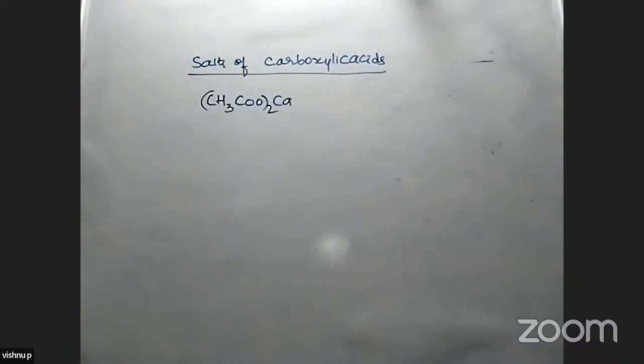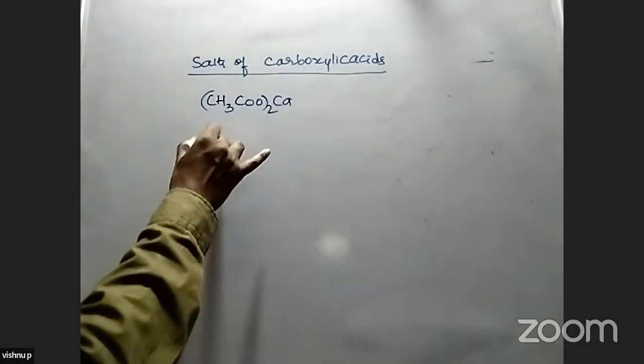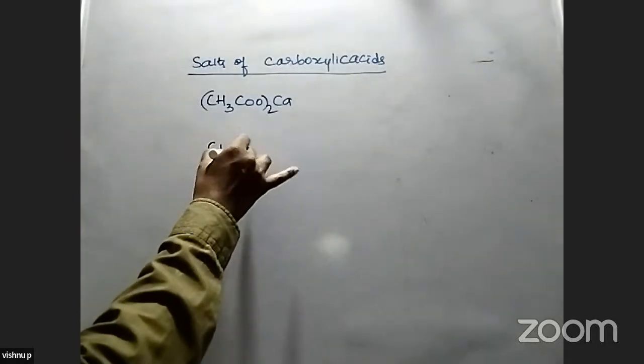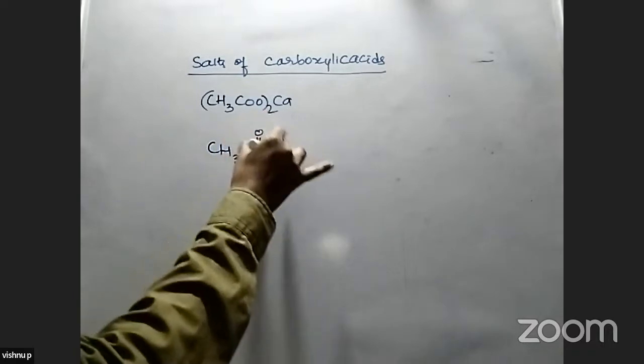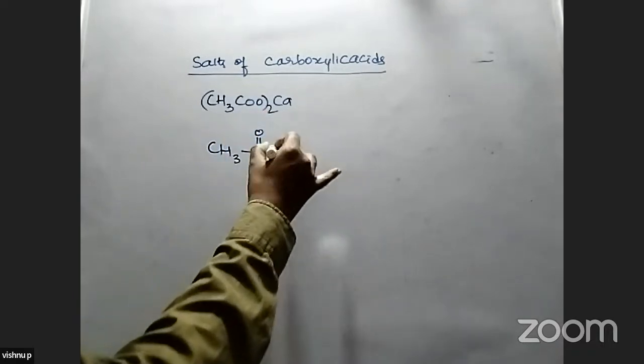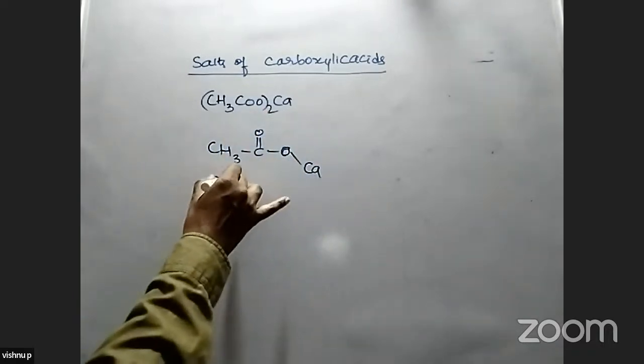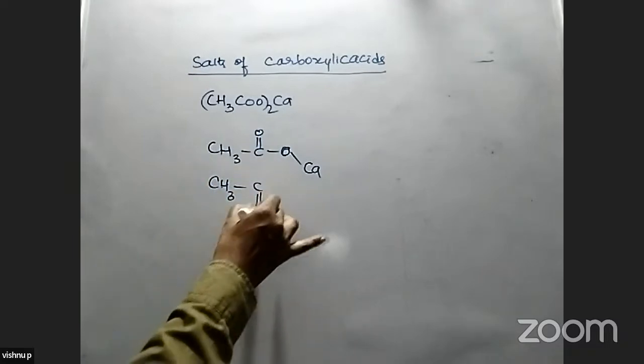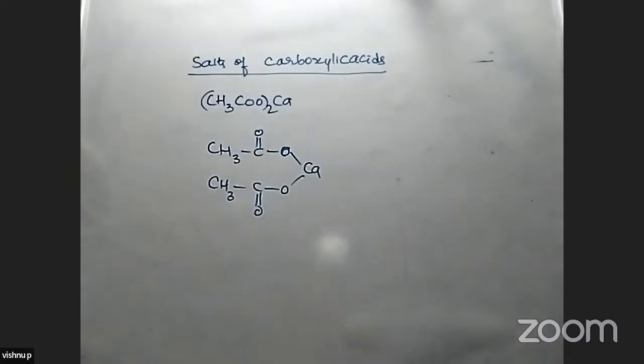This is called calcium acetate, or we can call it calcium ethanoate. So, what is the structure of this calcium ethanoate? Here, two CO groups are combined with calcium. So we get this compound. The structure of this compound is like this.